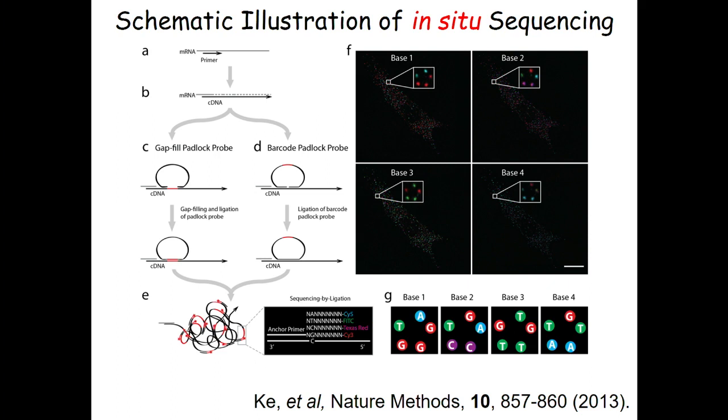You image that, create a huge number of images of your first base incorporation reaction, and then you wash off the fluorescence and apply biochemistry to sequence the next base. And then you take a lot of images, wash off the fluorescence, and so on and go on. And then you compare the different images from the different sequencing cycles and you can read the sequence of base incorporations.